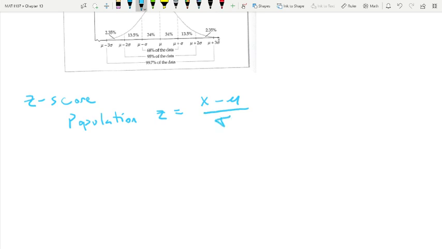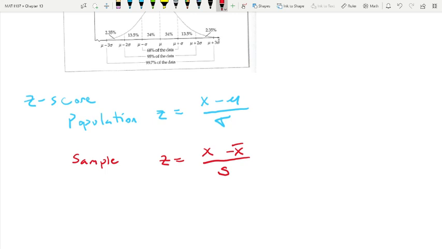Okay. So here x is the value, the number you're interested in. Again, mu is the mean and sigma is the standard deviation. And then if it was a sample, the z-score is again x, the number, minus x bar, which is the average for the sample, divided by s. Right?